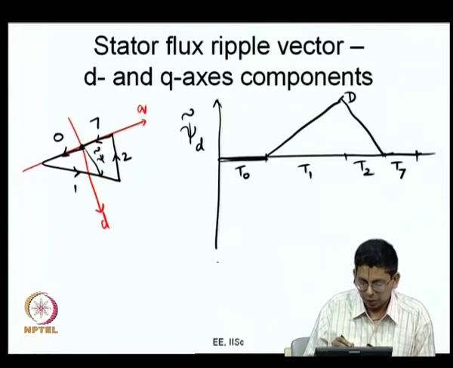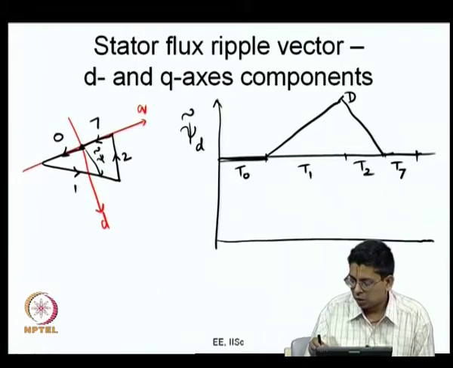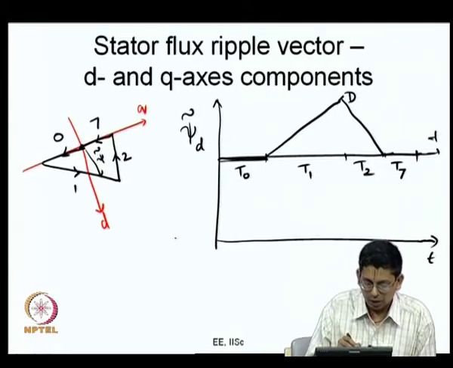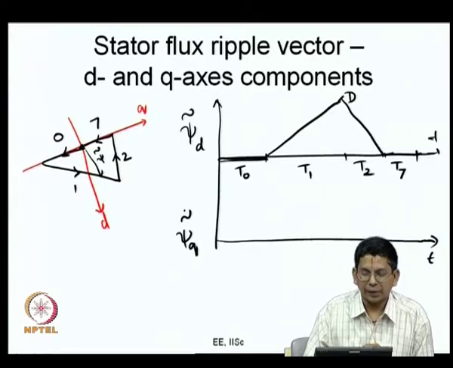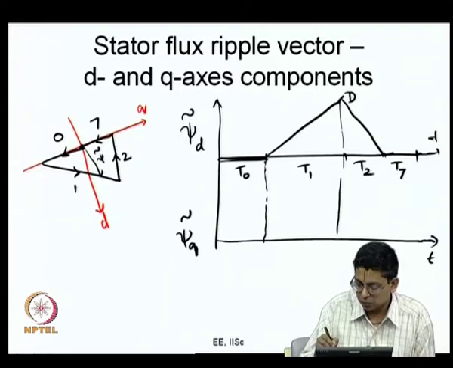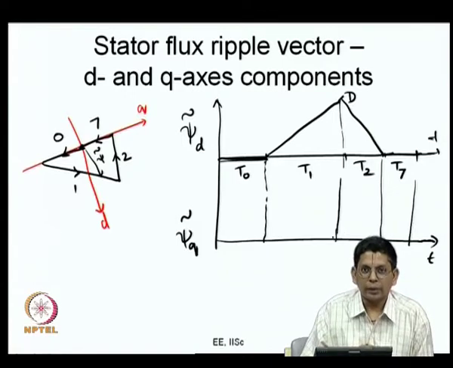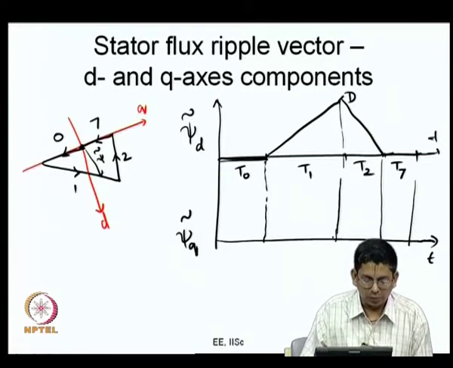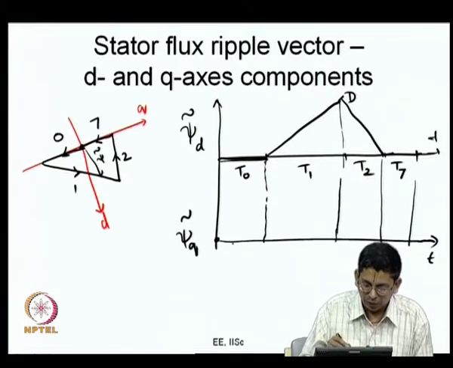All right. Now, let me try and plot this versus time. Let me plot psi q tilde. How am I going to get psi q tilde? Let me just project all this down. Okay. So now, when I start from here and apply the null vector, psi q is 0 and it actually goes in the other direction.